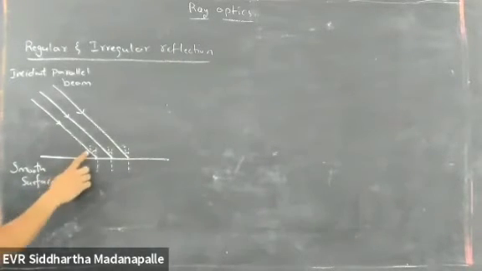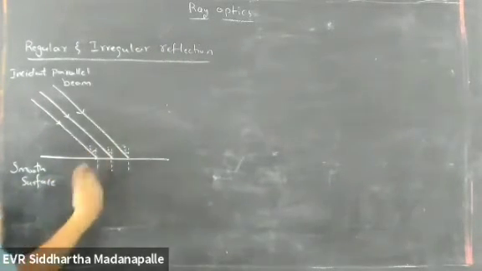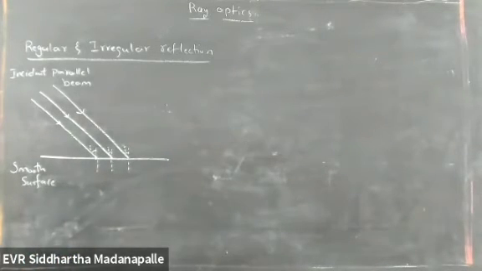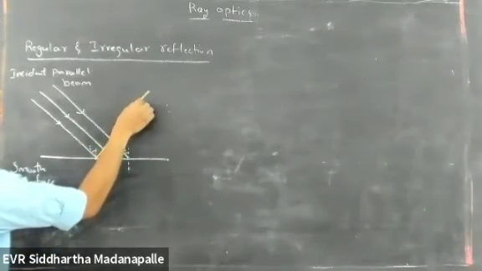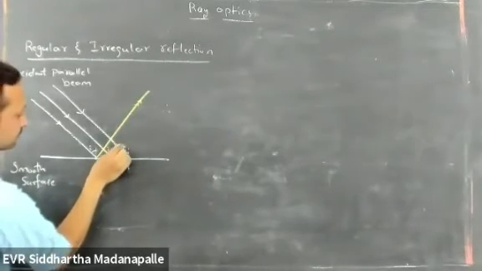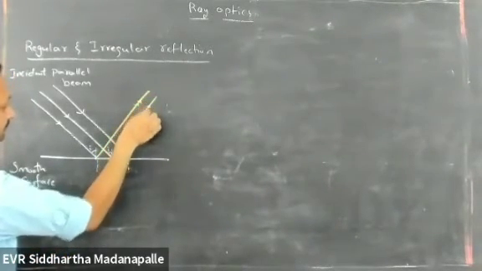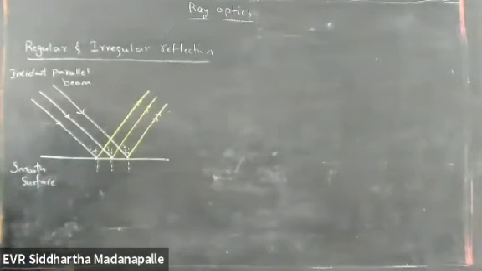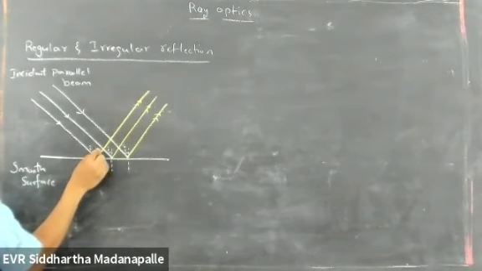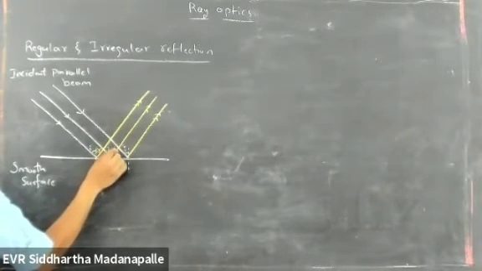Now what about the reflected ray? If the angle of incidence is i, then the law of reflection holds good on any surface, therefore the angle of reflection will be i. Suppose this is the reflected ray. Whatever the angle of incidence, it is equal to the angle of reflection.